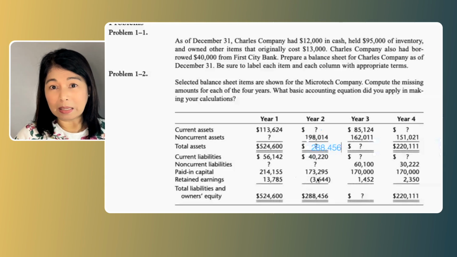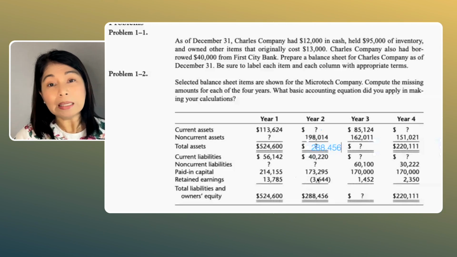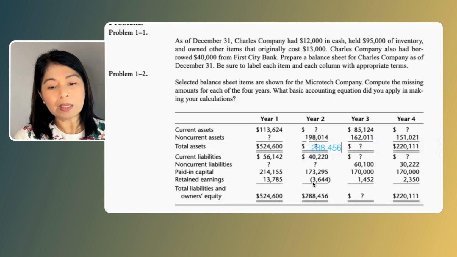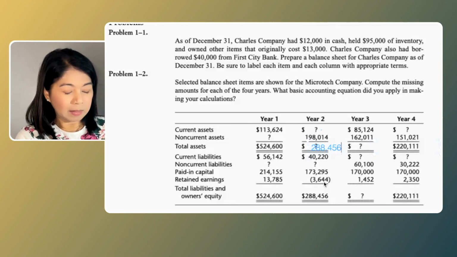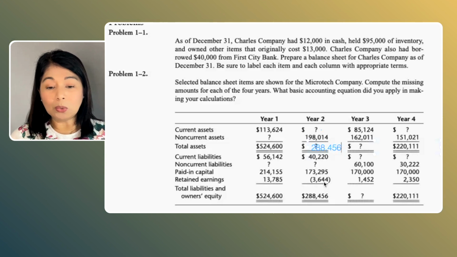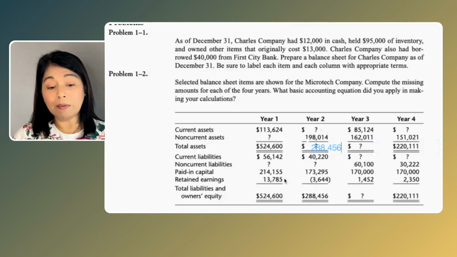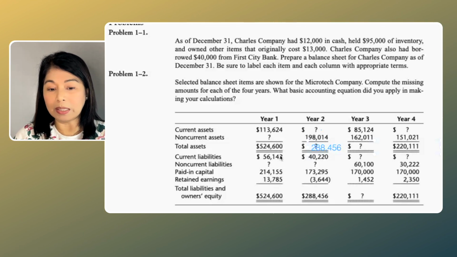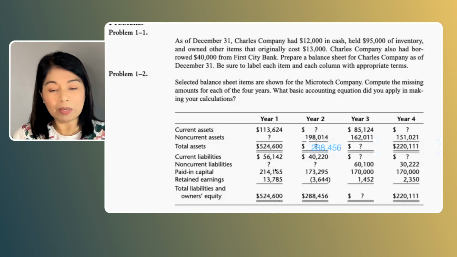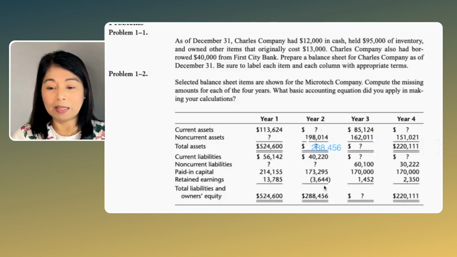It could have been a net loss for the entire year, including eating up the retained earnings of the previous years. So minus 3,644. Correct. The answer is 288,456. So this is different from year one, wherein you deduct only the items from the total to get this one. Very different because this is a negative.